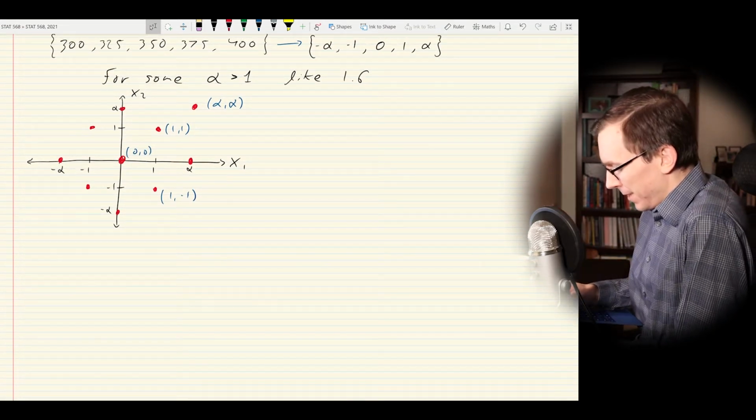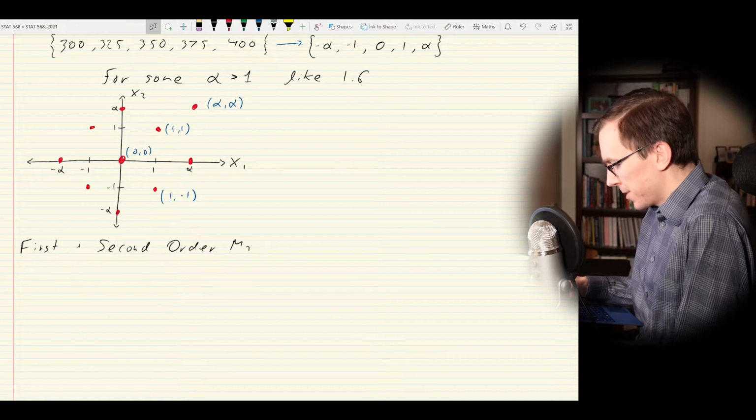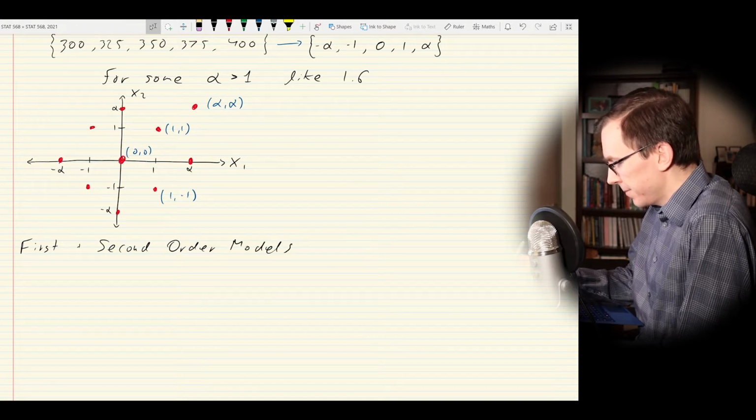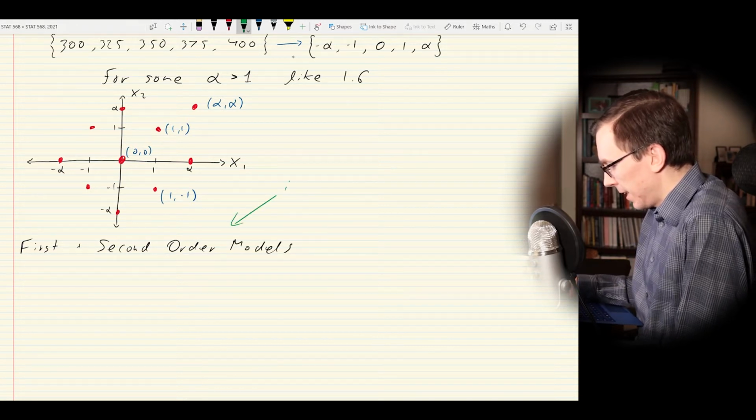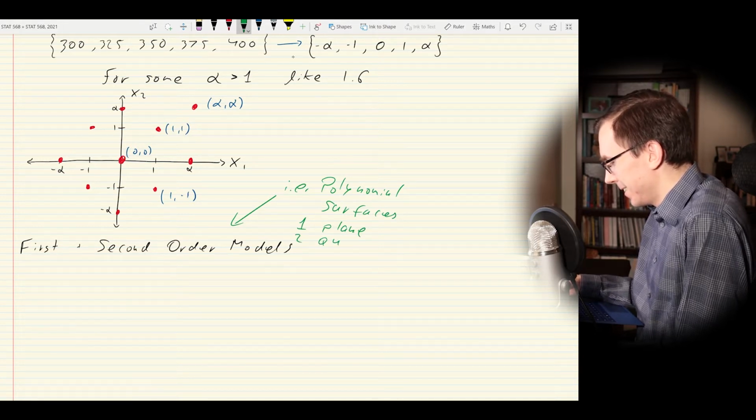So what we're going to consider first is first and second order models, i.e. polynomial surfaces, where 1 is a plane and 2 is a, I guess, quadratic.